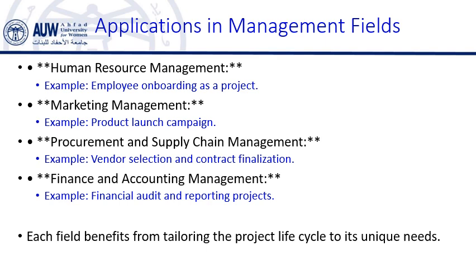During the planning phase, the team establishes criteria for selecting the vendor, such as price, reliability, and delivery times. The execution phase includes issuing the request for proposals, RFPs, evaluating vendor responses, and negotiating contracts with the shortlisted vendors.